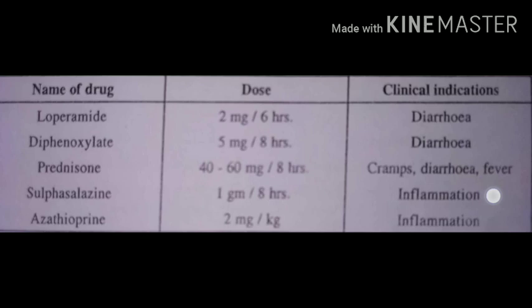In advanced cases, corticosteroids are also used, that is prednisone, 40 to 60 mg per day, which may be used to reduce diarrhea, fever, cramps or inflammation. Sulfasalazine and related compounds are used to control the inflammation, and certain immunomodulators like azathioprine are helpful for reducing the symptoms.